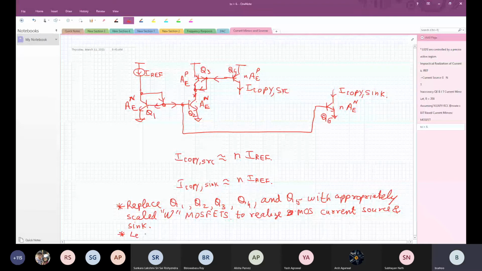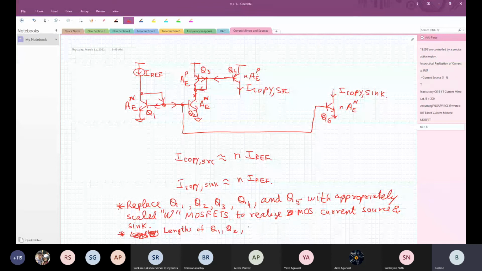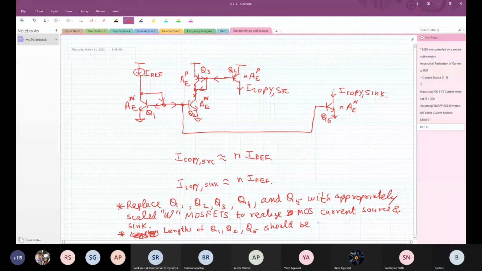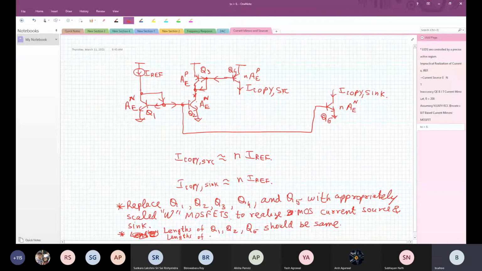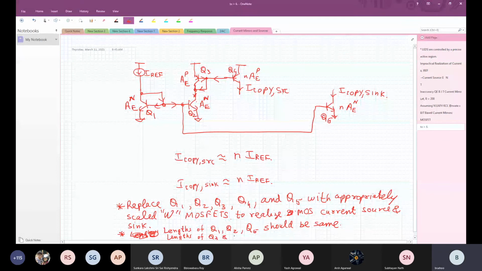Lengths, so I will write it here. Lengths of Q1, Q2, Q5 should be same, and lengths of Q3 and Q4 should be same.